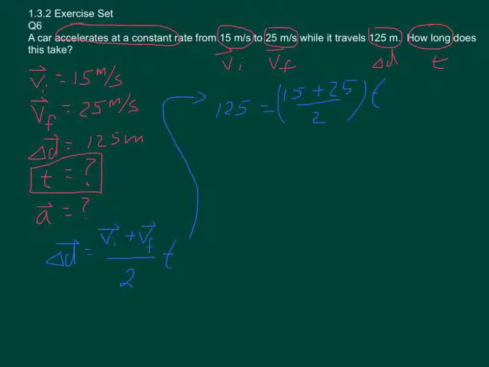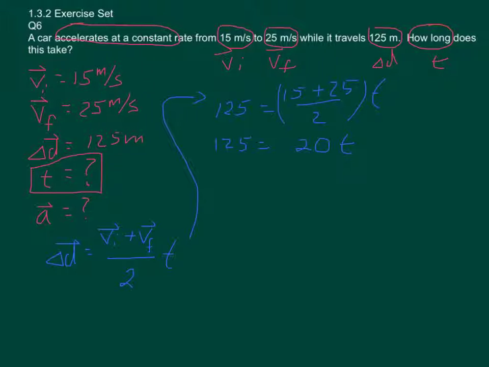Well, I would say we got to get this bracketed thing away from t. So I think if we can solve everything inside this bracket, it would make things a lot easier. So let's go for it. 15 plus 25 is 40. And divided by 2 is 20. So we're left with 20t.